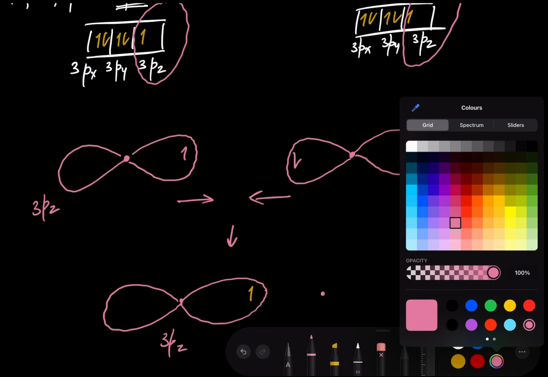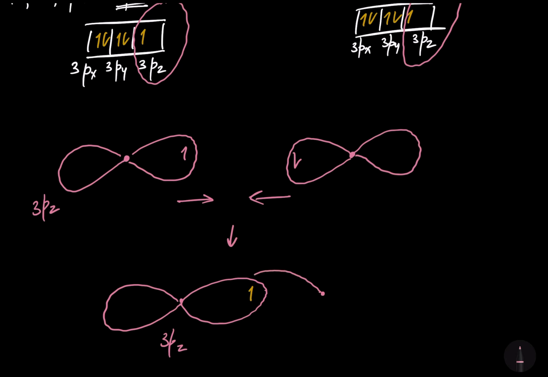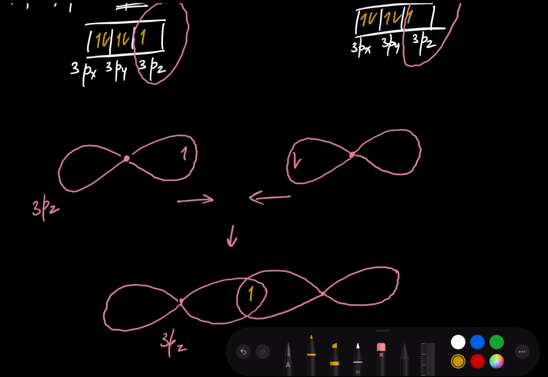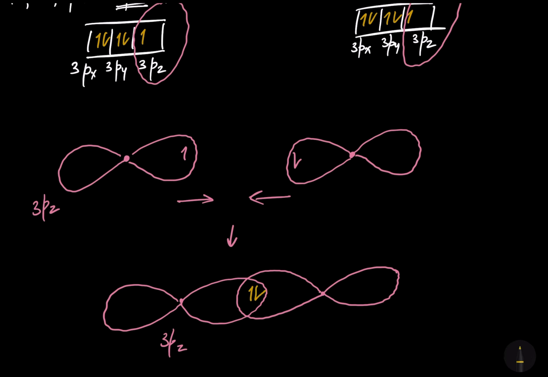So this is the overlapping between the 3pz and the 3pz, or we can say overlapping between the p orbital and the p orbital, and this is the electron with a spin of -1/2. Now both the electrons with the opposite spin have come under the overlapped zone of the p orbitals. So that's the covalent bond formation between the p orbital and the p orbital.